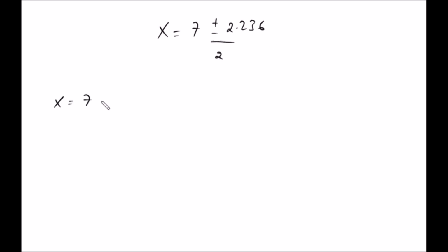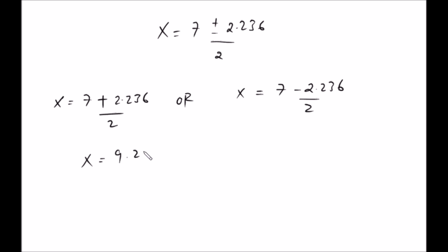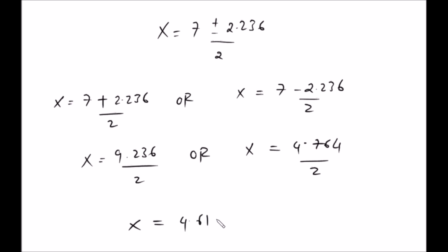So x ni sasa na 7 plus 2.236 over 2, or x ni sasa na 7 minus 2.236 over 2. So nikichukua 7 plus 2.236 napata 9.236 over 2. Kwa hiyo na huku nitapata ni 4.764 over 2. So gawanya hii nitapata x ni ngapi? Ni 4.618.